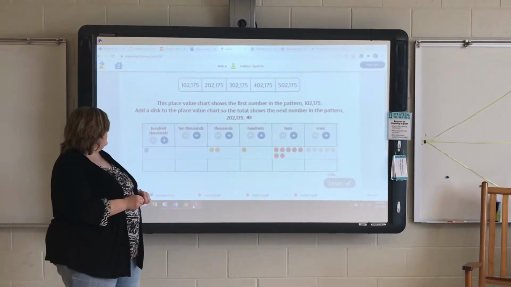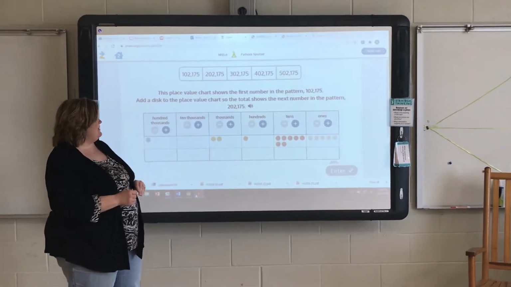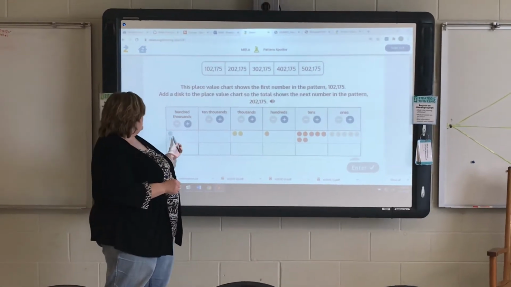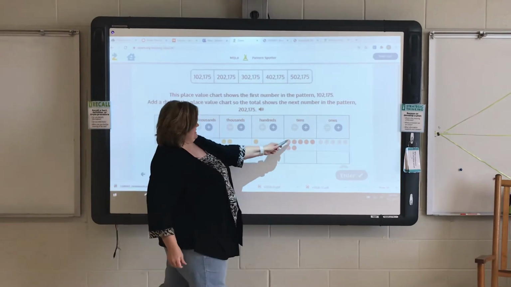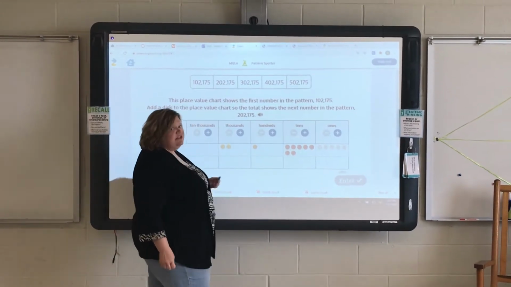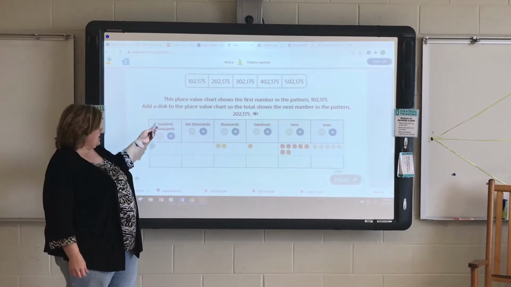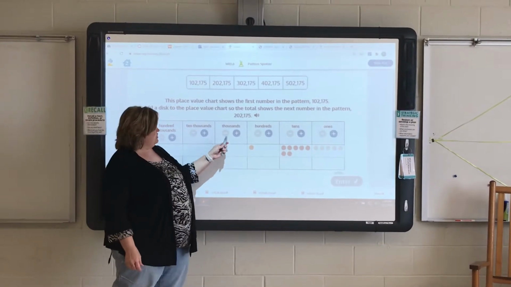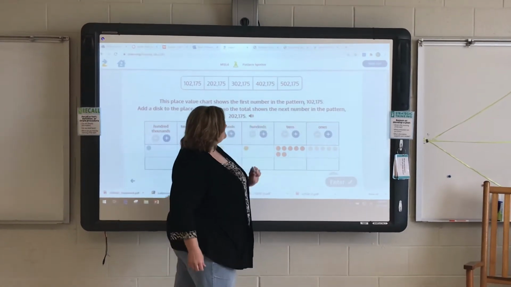This place value chart shows the first number in this pattern, 102,175. So the dots each represent a number. 100,000, 2,000. We have 0 10,000s if you look at the 0 there.